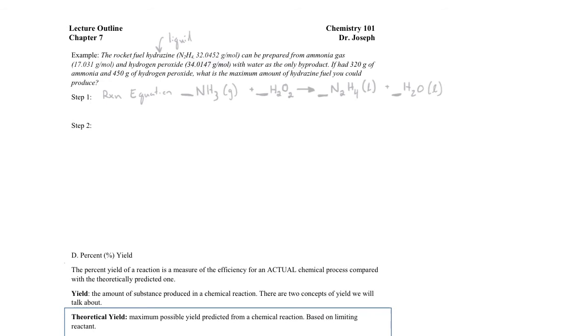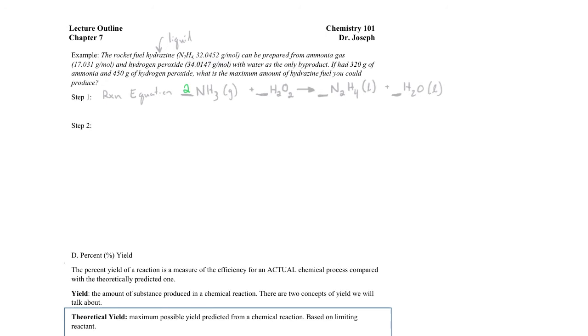So once you have this equation down, go ahead and see if you can figure out the coefficients for each of these. When you first start balancing it, the first thing that you probably will notice is that nitrogen is unbalanced right at the beginning. And we can start by balancing nitrogen first. So if we have 2 nitrogen atoms in the product, we should have 2 in the starting material as well. So let's go ahead and balance ammonia with hydrazine.